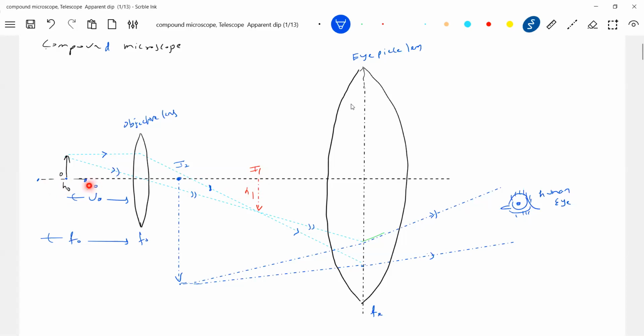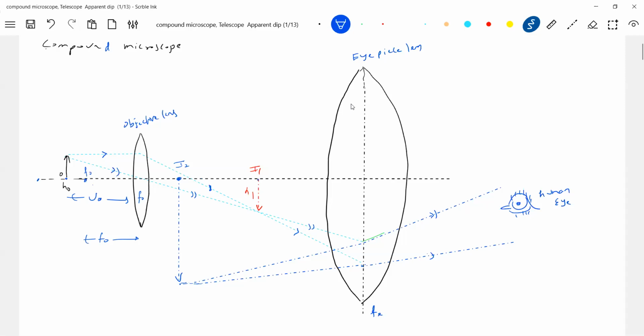That is the minimum basic idea. This is the focal length of the objective lens, f0. If the object is between f and 2f, the image will form on the right-hand side of the convex lens. So it will form an image I1.